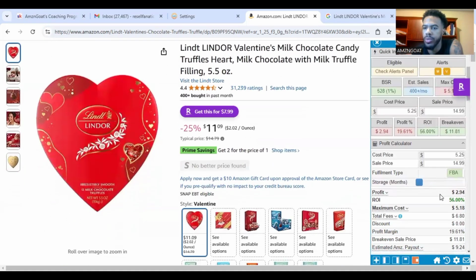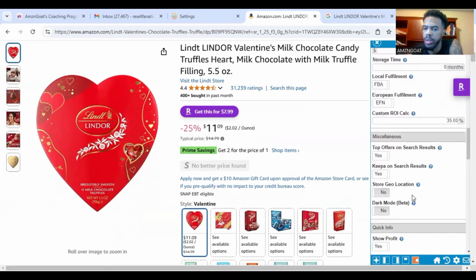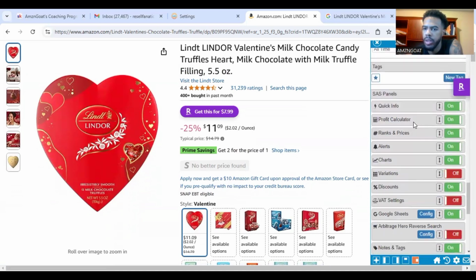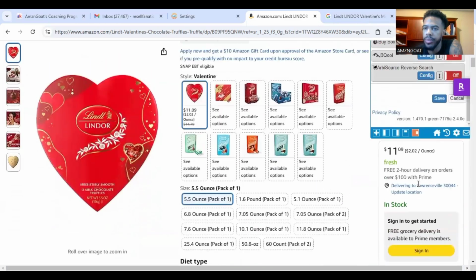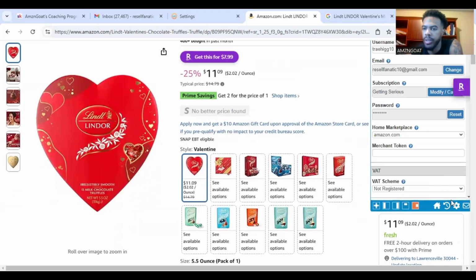Okay, it's still. Oh, maybe I didn't save it in. Let's see. All right, yeah, I didn't save it in. So remember to always save your Seller Amp settings. All right, now it's saved in.